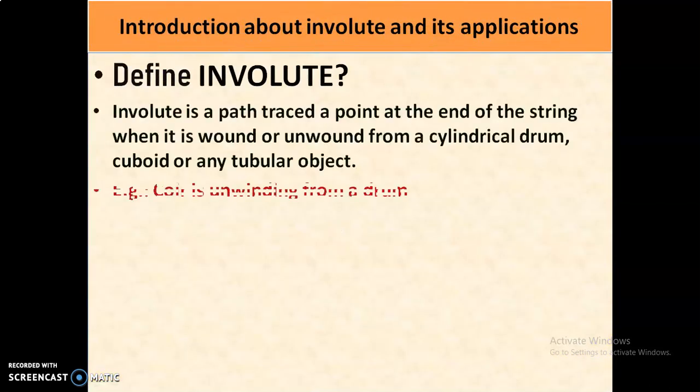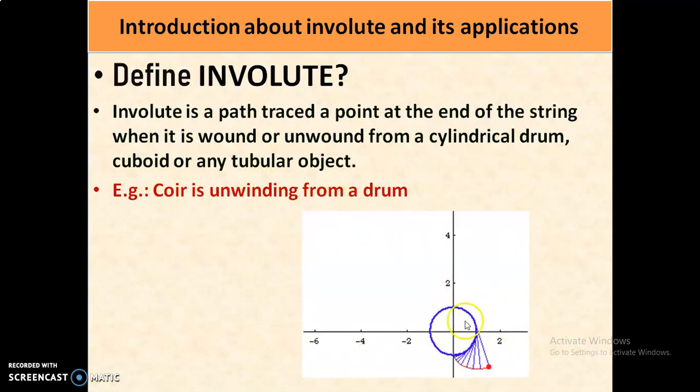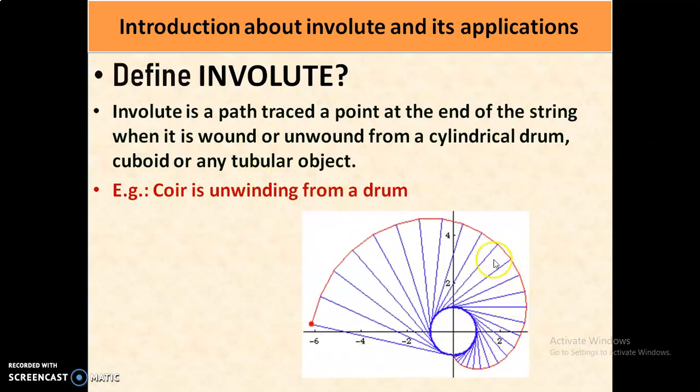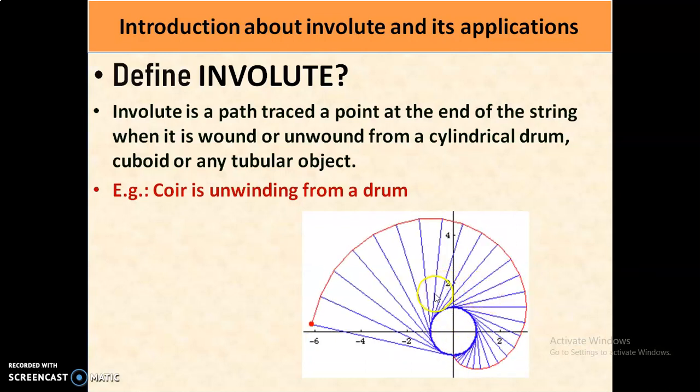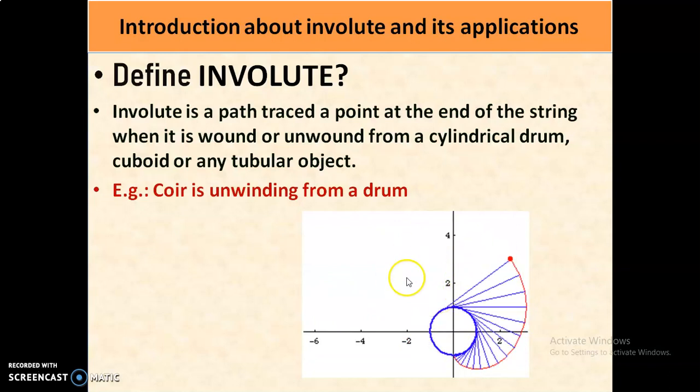And this is another definition of the involute. For example, a coil is unwinding from the drum or cylindrical drum. Like this, this is a cylindrical drum. We are unwinding the thread or string from the cylindrical drum or tubular object. Okay. So I hope you understand the definition of the involute.